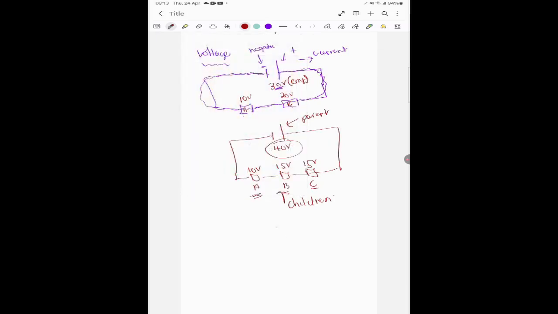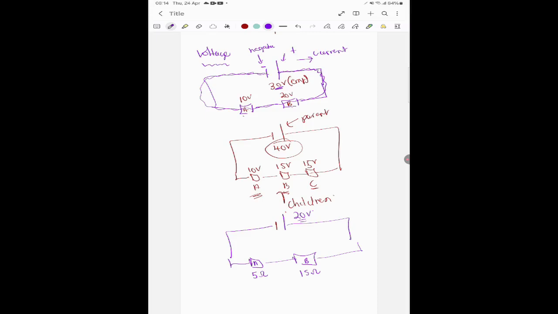And of course, now the question is, how do you determine what each child gets? Now that is an interesting question. So let's go back to a situation where there are 2 children, 2 resistors. This parent, say, has 20 volts, and child A has 5 ohms, and child B has 15 ohms.